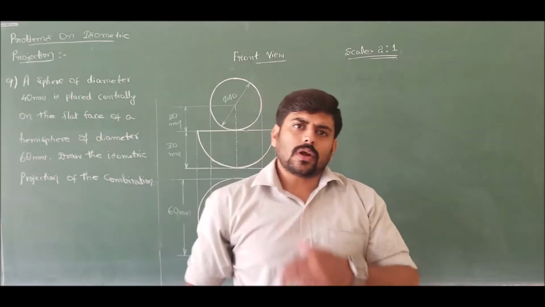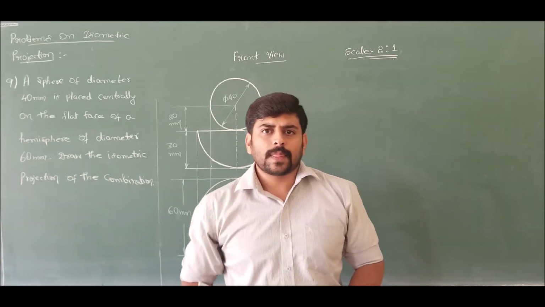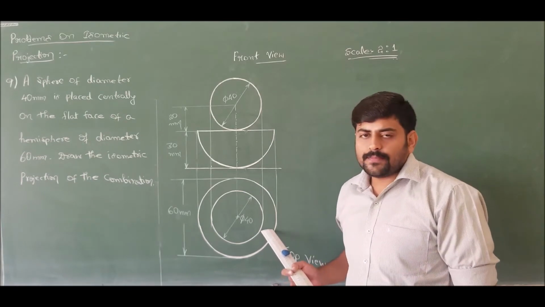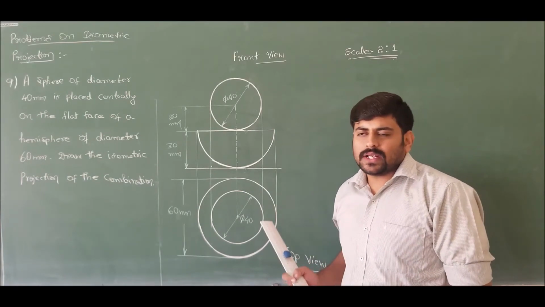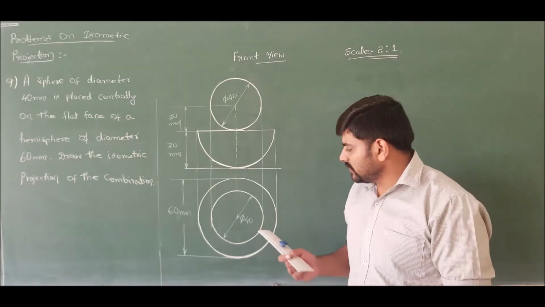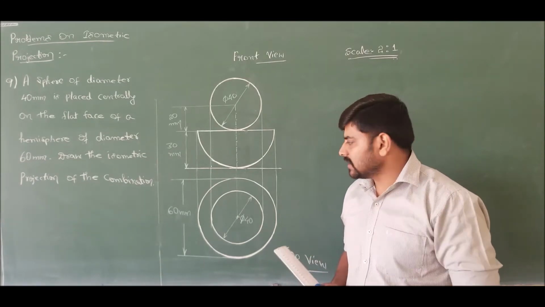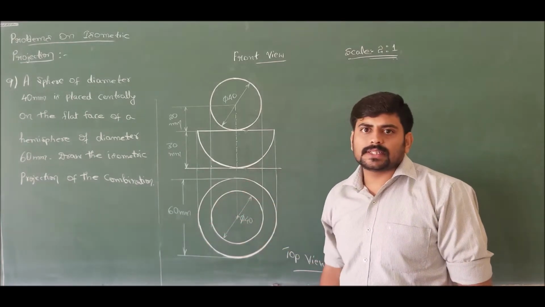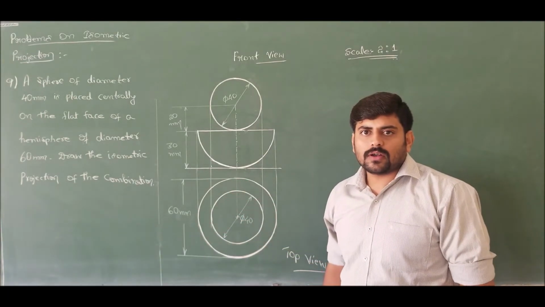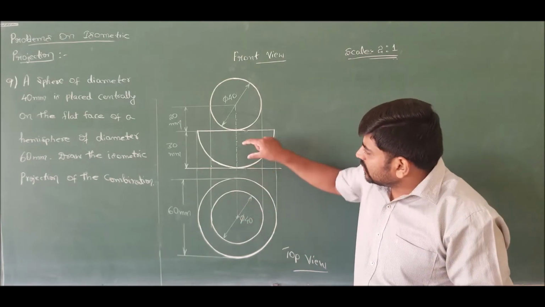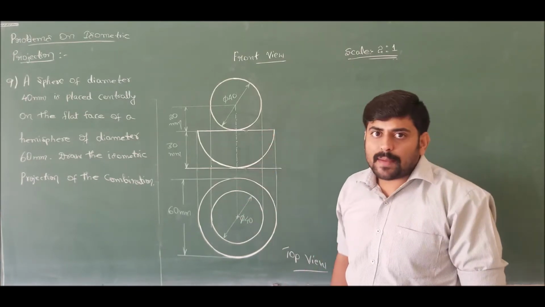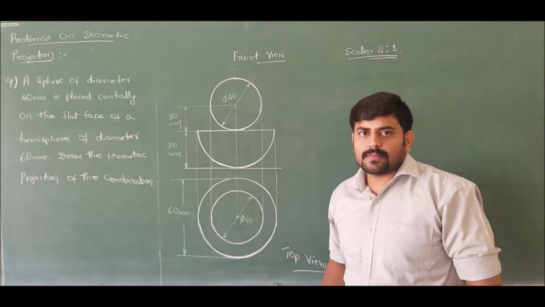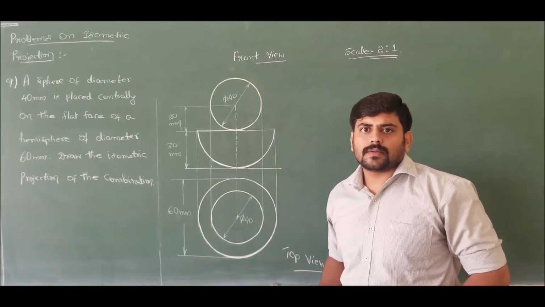Now, in order to draw the isometric projection, I should enclose these circles in a square. No need to enclose the circle in a square, because by visual inspection itself we can state that if I enclose this circle, I will get a square of dimension 60 mm cross 60 mm. So therefore, first, in order to draw the isometric projection of this hemisphere, construct a square of 60 mm cross 60 mm in isometric projection.